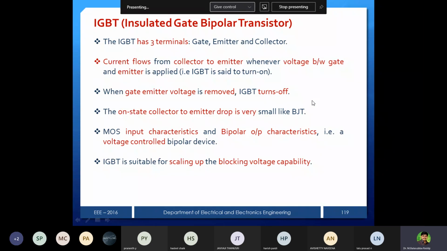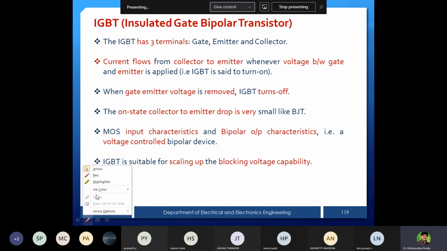When the gate-emitter voltage is removed, that means the gate voltage is removed, the device is going to turn off. The on-state collector to emitter drop is very small, like a BJT.